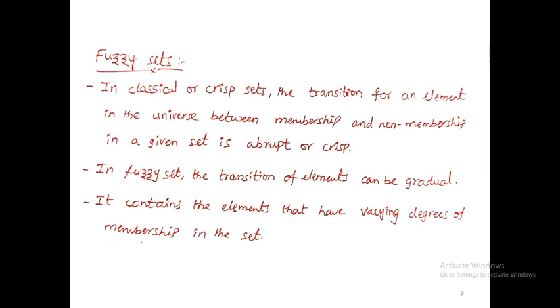From cold to hot, we can keep different degrees of heat. You can even keep 0 degree centigrade, 20, 40, 60, 80, 100, between cold and hot. So that is possible in the fuzzy set.